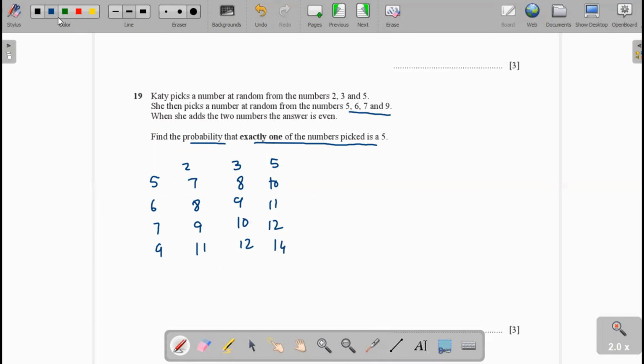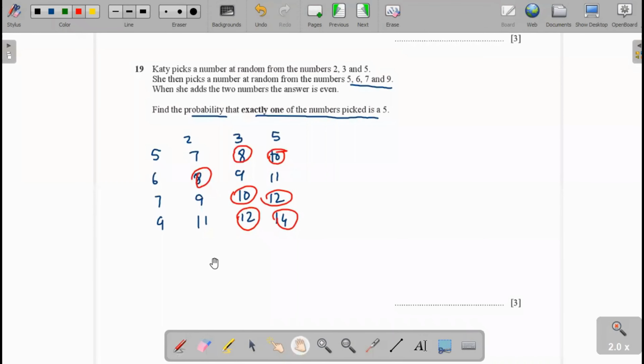Now the even numbers are 8, 10, 8, 10, 12, 12, 14. And the outcomes of this sample space we write here.